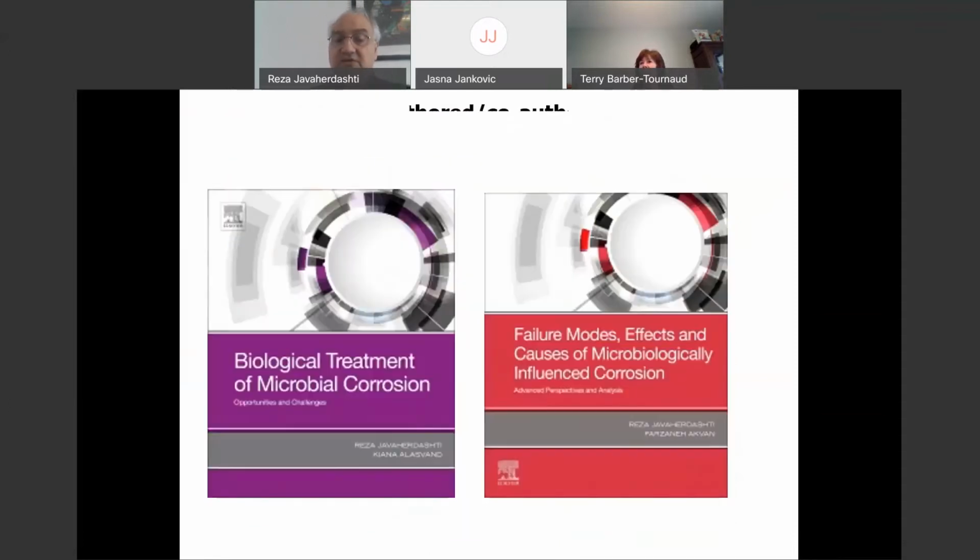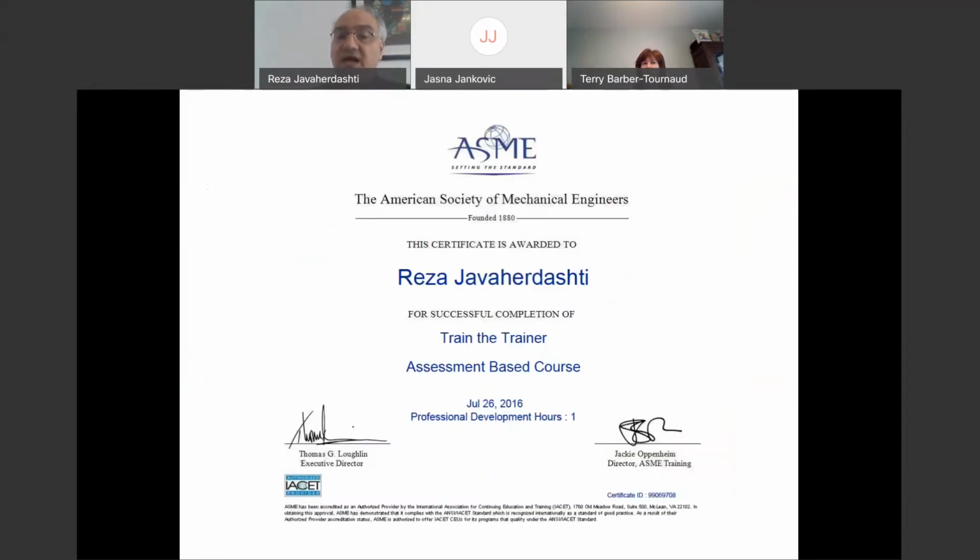And these are two books that I published in 2020 regarding biological treatment of microbial corrosion and failure analysis of microbiologically influenced corrosion. It is also my ASME certificate for teaching the matter.